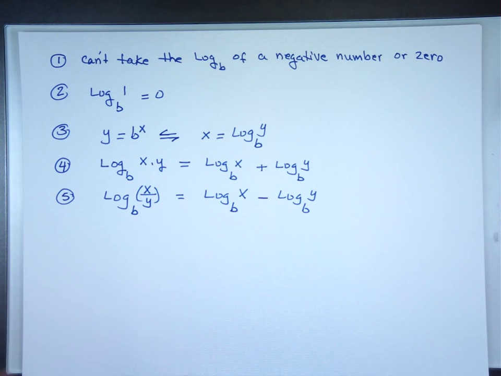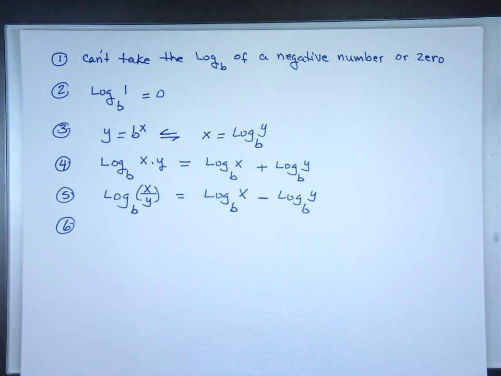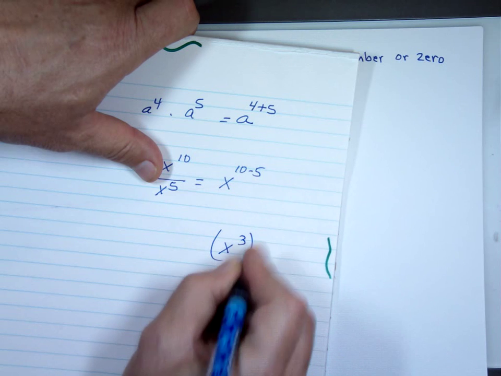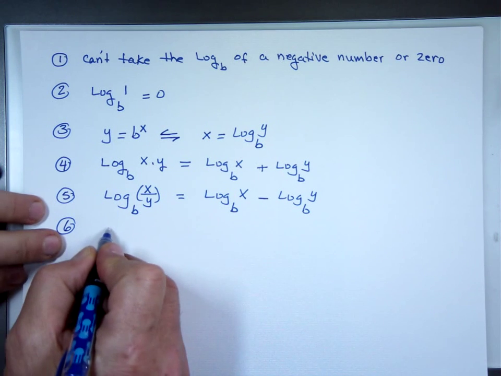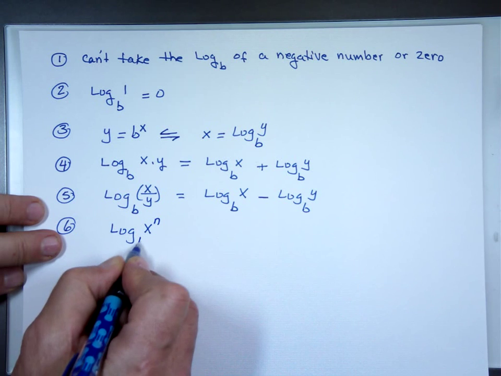And the last one, when you have power to power, what do you do? When you have x cubed squared, what do you do with that? You multiply. Well, here, when you have log x to the power of n base b, we are going to multiply.